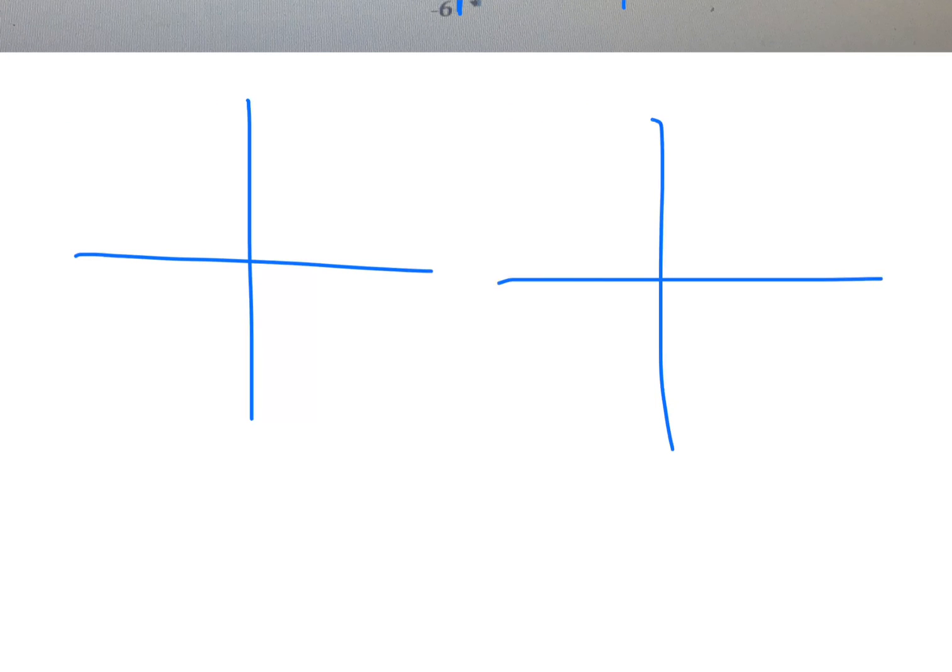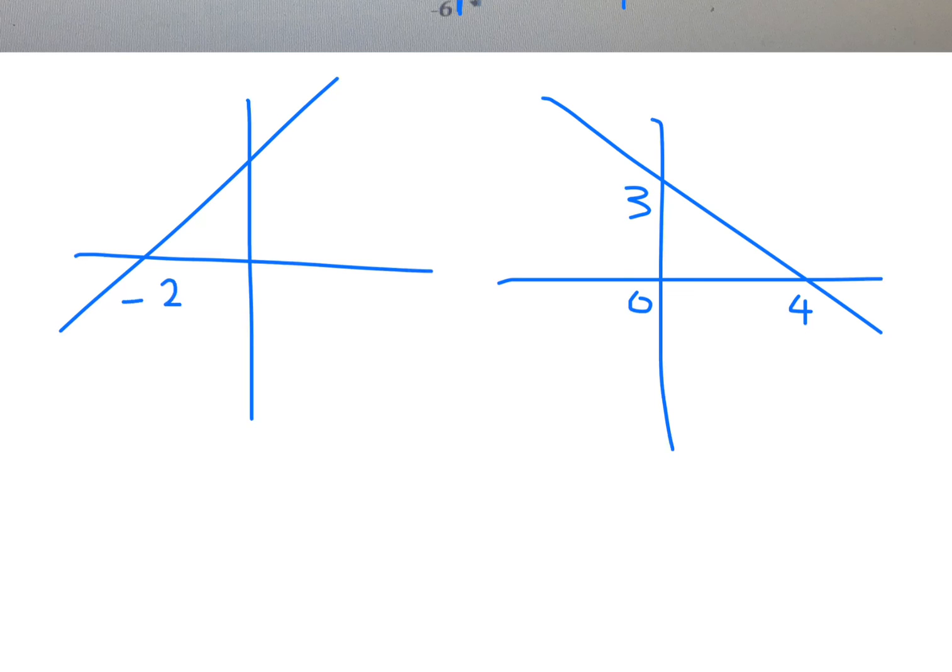Okay, so I'll just put a couple here, and we'll just run through finding the gradients. So say that's 4, 3, 0, minus 2 and 3. For this one, the gradient, which is m, is the rise on the run, which is 3 on 2. Notice that I'm looking at the length 2, and this is the rise, and this is the run.